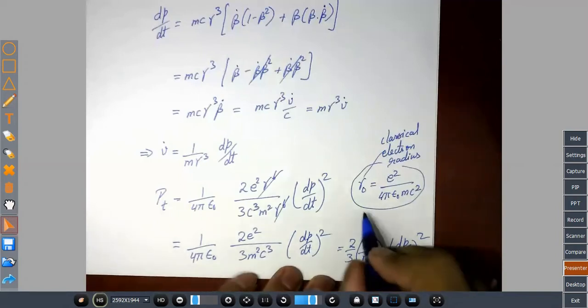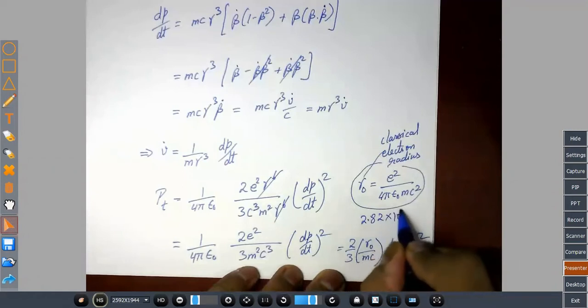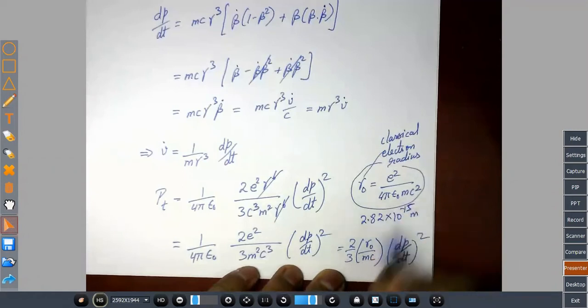The value of this classical electron radius is 2.82 times 10 to the power minus 15 meter.